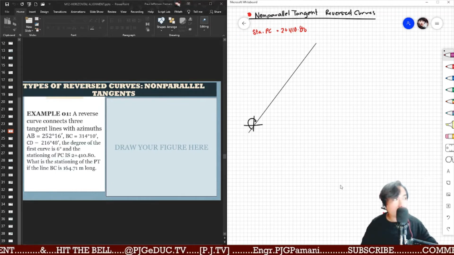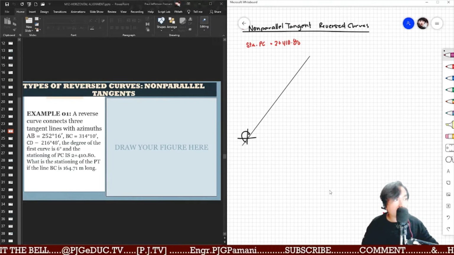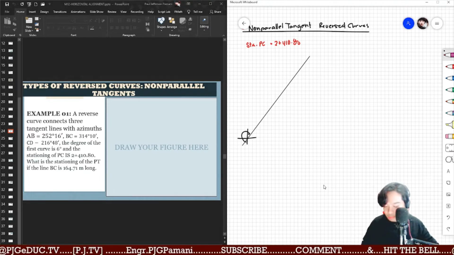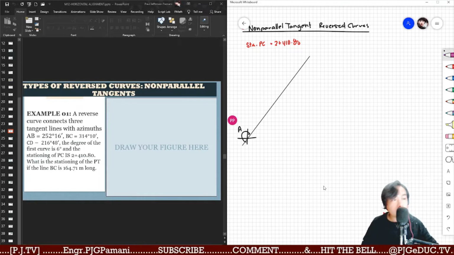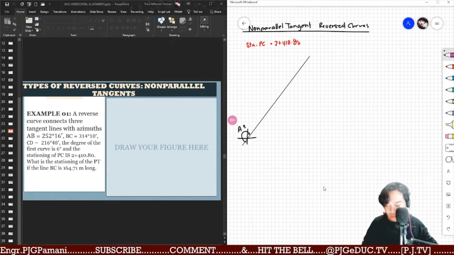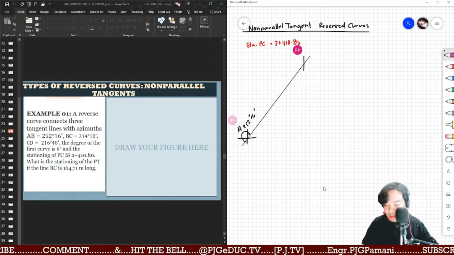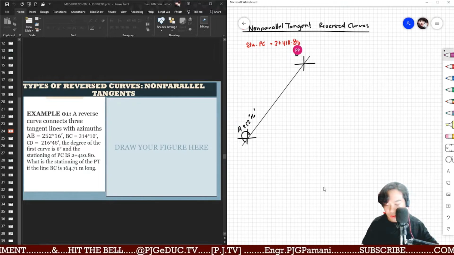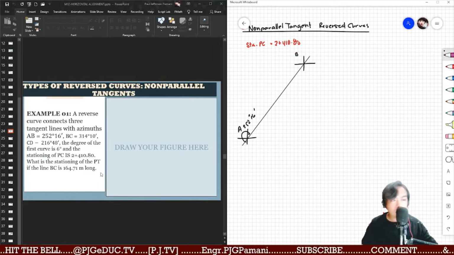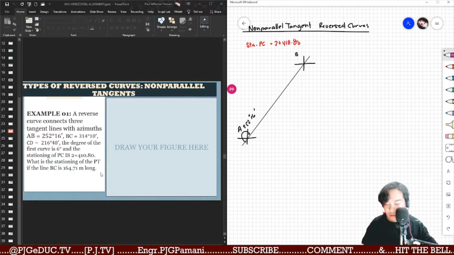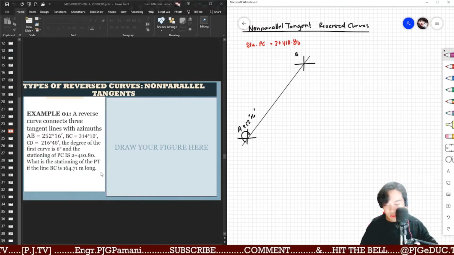Azimuth from south reference, that is point A at 252 degrees 16 minutes, then point B. And B to C is 314 degrees 10 minutes.